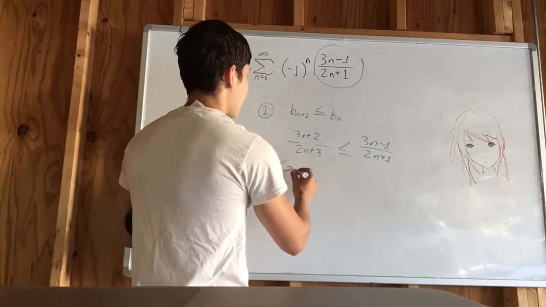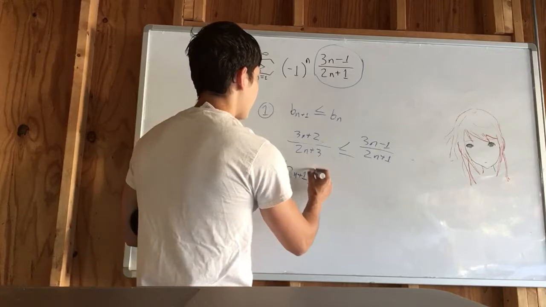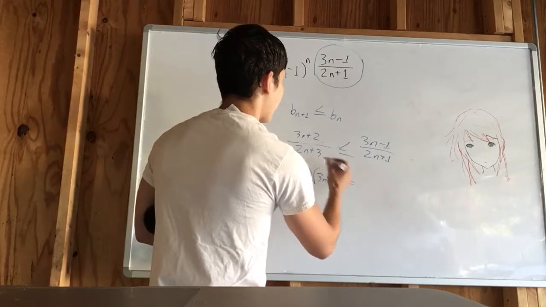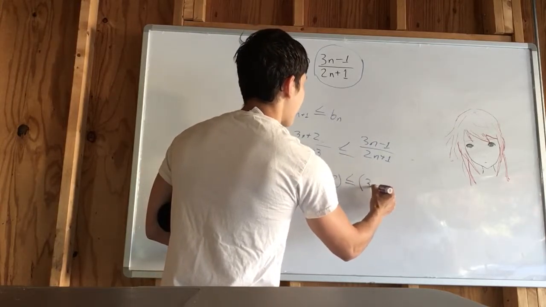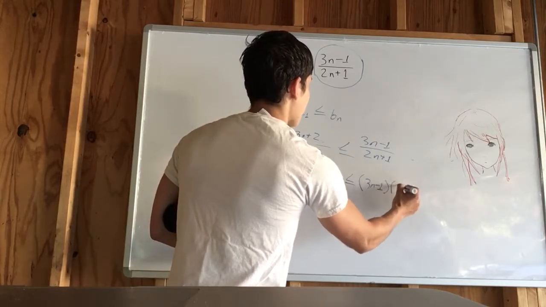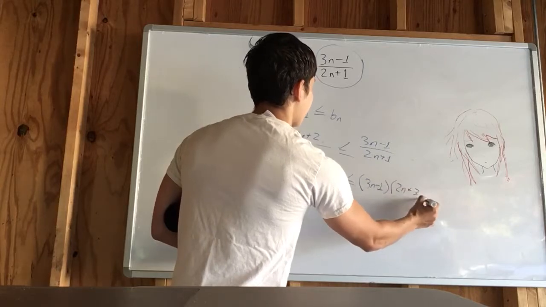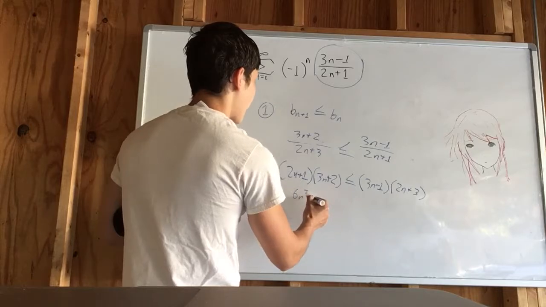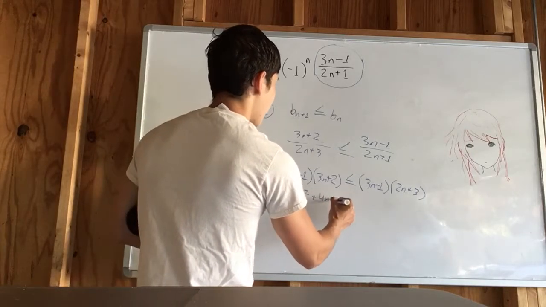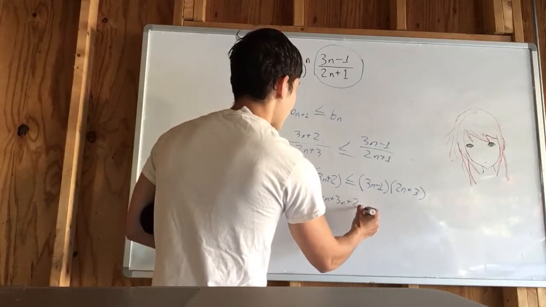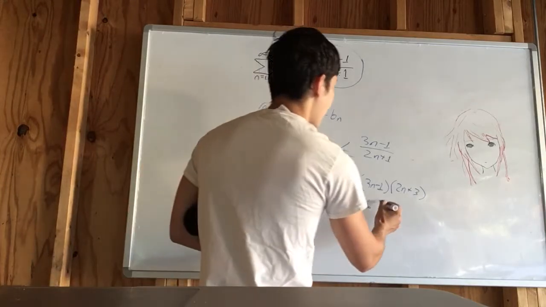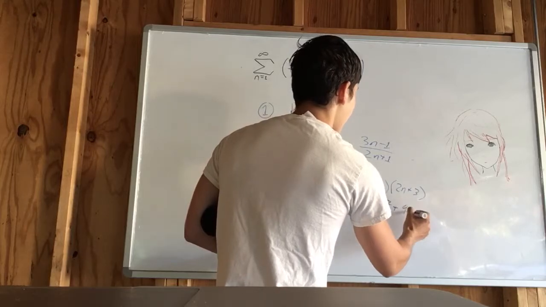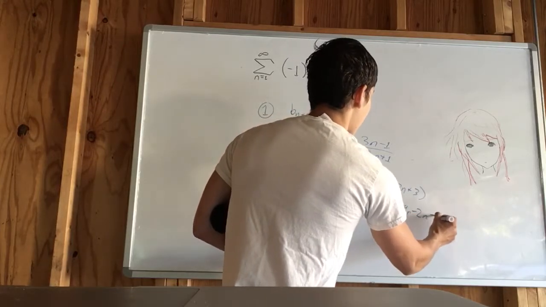We would get 2n plus 1 times 3n plus 2 is less than or equal to 3n minus 1 times 2n plus 3. We distribute, and we get 6n squared plus 4n plus 3n plus 2 is less than or equal to 6n squared plus 9n minus 2n minus 3.